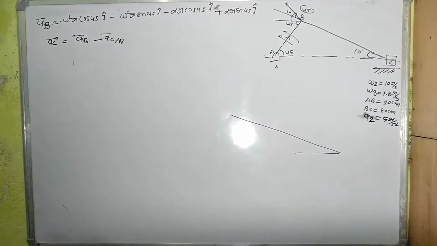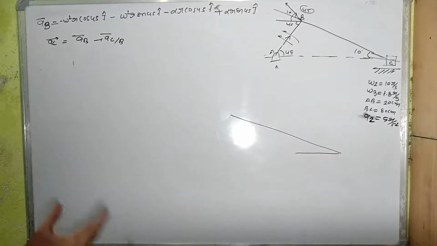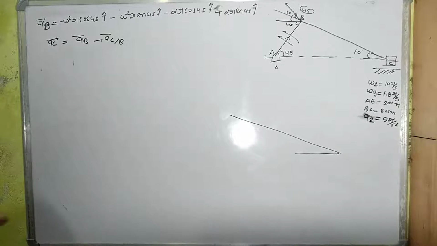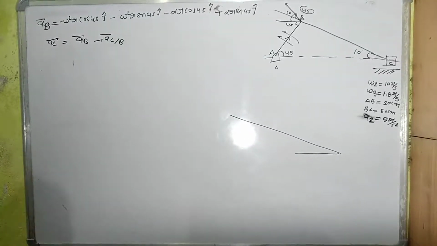So you assume the acceleration of C in the plus I cap or minus I cap direction. If your assumption is wrong, then acceleration of C will be negative after getting your answer.